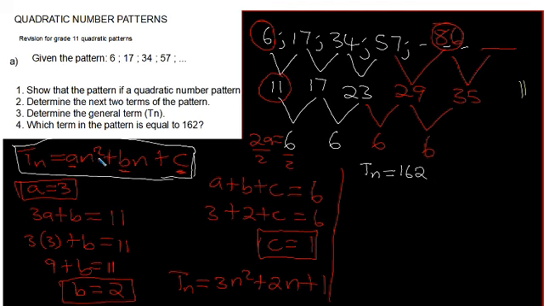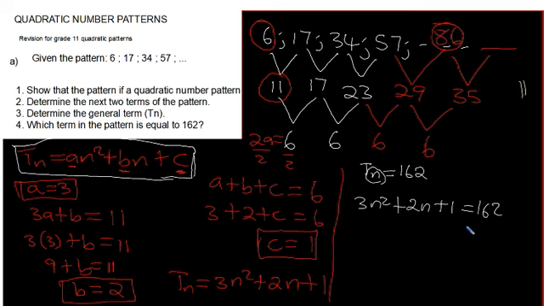Equate 162 to the general term so that you get the position, because we are looking for n. So 3n squared plus 2n plus 1 is equal to 162.